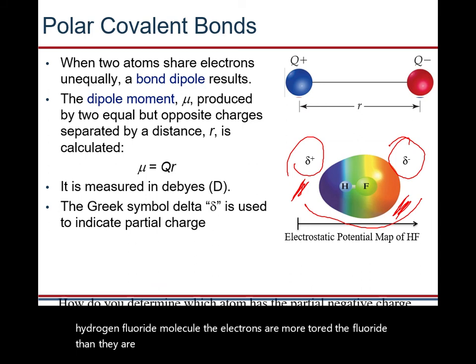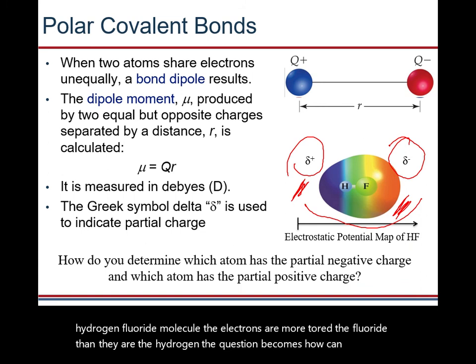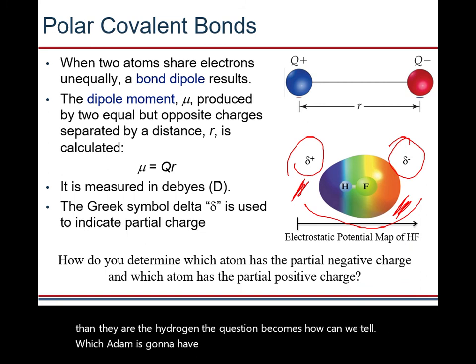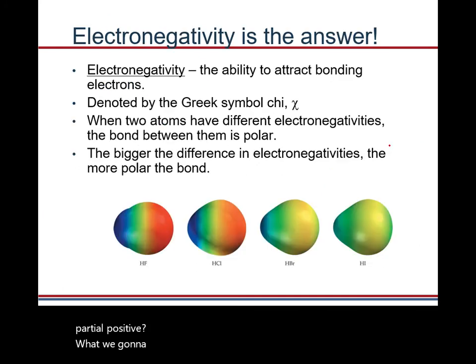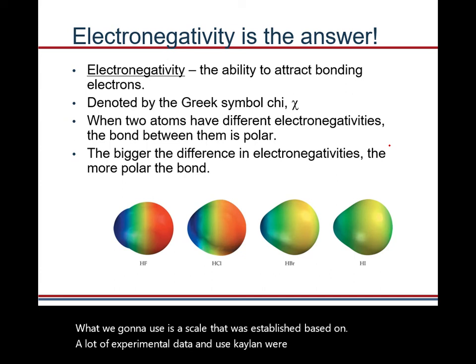The question becomes, how can we tell which atom is going to have partial negative and which one will have partial positive? What we're going to use is a scale that was established based on a lot of experimental data, and we're going to define a new property of atoms.